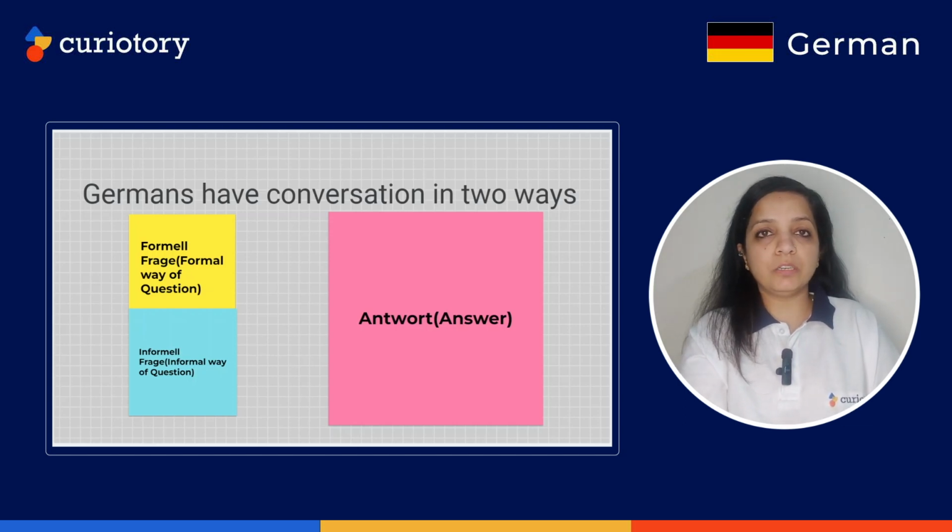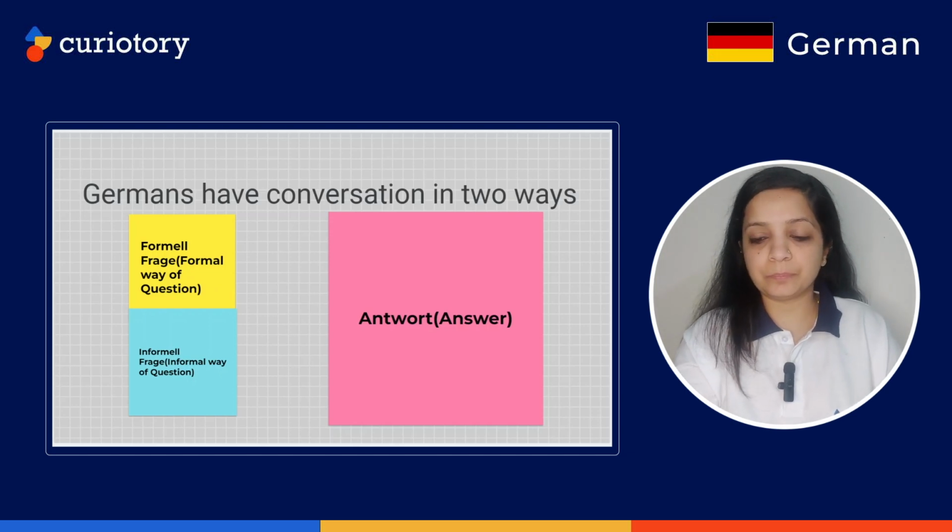As we move further, you'll see that the questions marked in yellow are the formal way of questioning, and the questions marked in blue are the informal way of questioning, and the response or answer to them has been highlighted in a pink box. So let's get started.